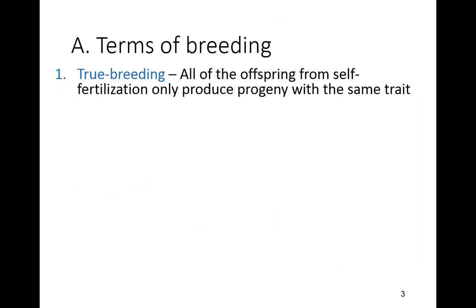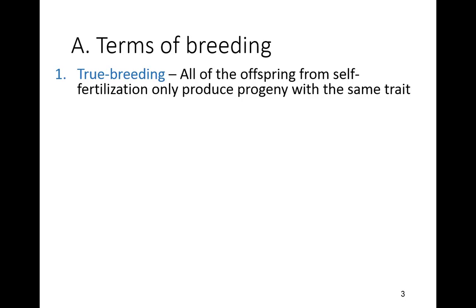Before we get started, though, we need to know some of the terms of breeding or of genetics. One is true breeding, and this is where you take a plant, and let's say you're looking at some trait, let's say it's purple flowers, and this will come up again, and you self-fertilize it. So you take that one plant and you can just make it mate with itself.